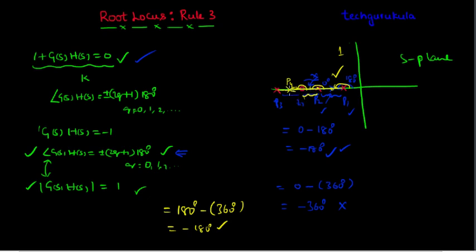In the third section, the sum of zeros and poles to the right side of this point is odd, which is 3. So the root locus exists there. Now we have shown that if the sum of poles and zeros to the right side of a point on the real axis is odd, then the root locus will exist on that particular point or section.